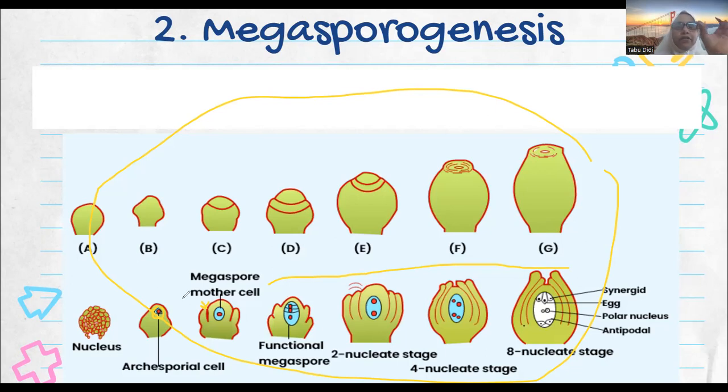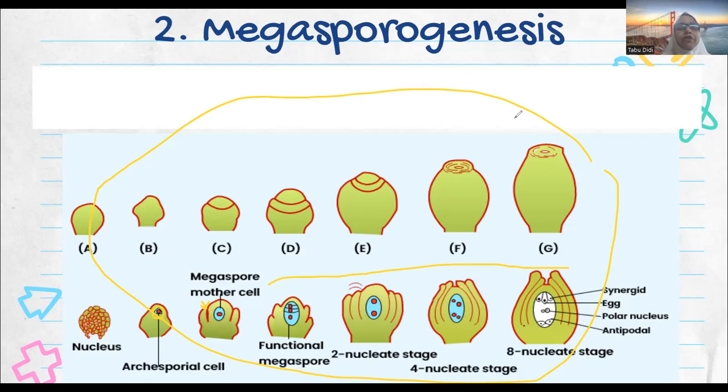So the first term that we need to know is megasporogenesis. It's nothing but a meiotic type of cell division, the process of formation of haploid megaspores, that is haploid daughter cells. Just as there we had microspores, the pollen grains, which were the daughter cells, here the daughter cells are the megaspores.